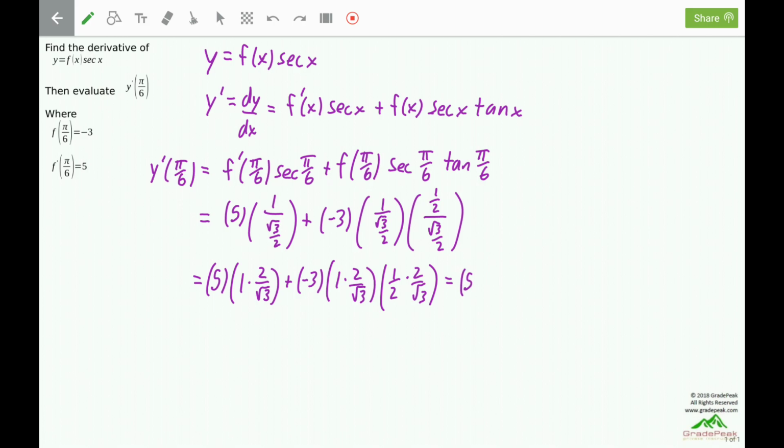So 5 times 1 times 2 over root 3 will just be 2 over root 3, plus negative 3 times, again, 1 times 2 over root 3. And then for this other multiplication, the 2 in the numerator and denominator can cancel before the multiplication, and so we will have 1 over root 3.